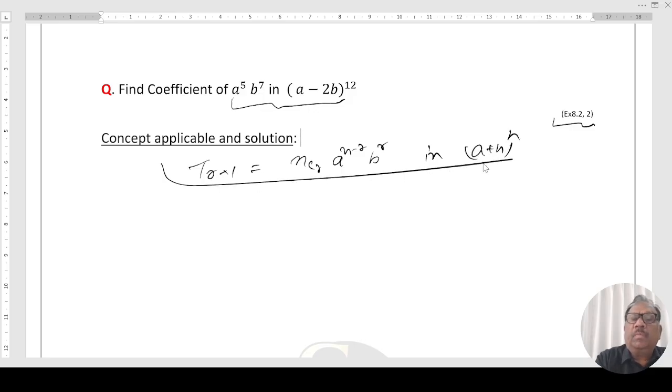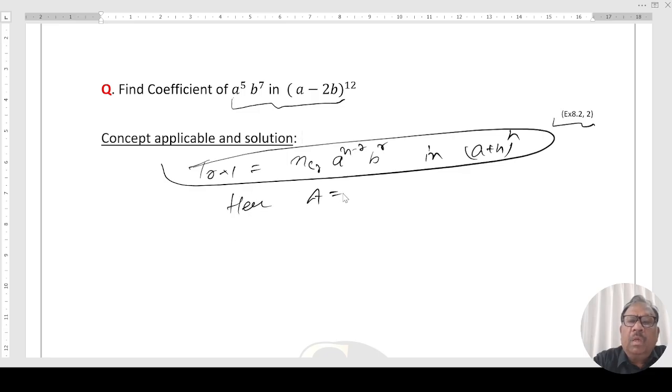Now, here a is a, b is minus 2b, n equal to 12. We take capital A and B in place of these because a and b are given there.